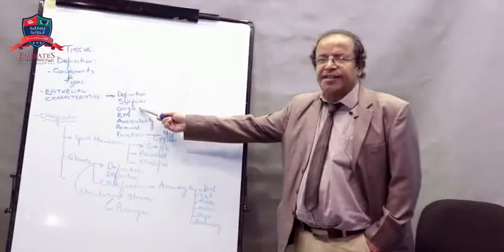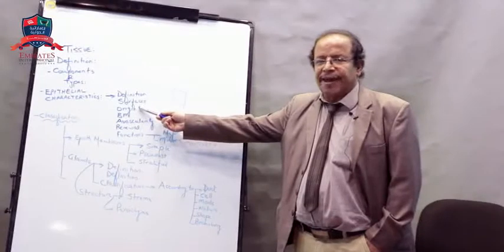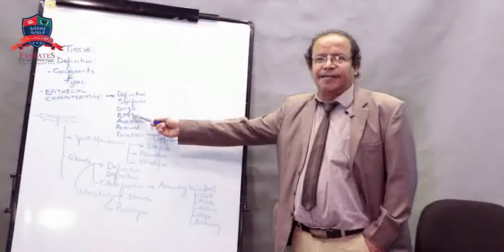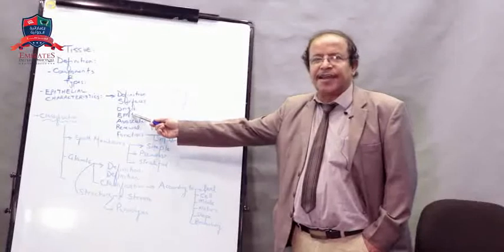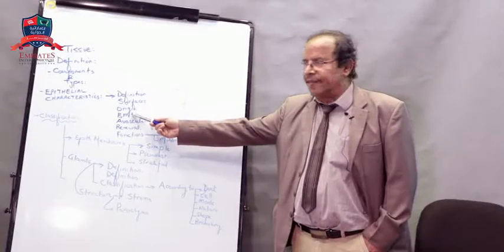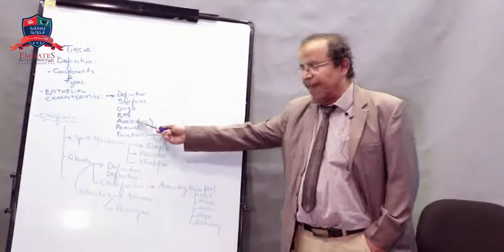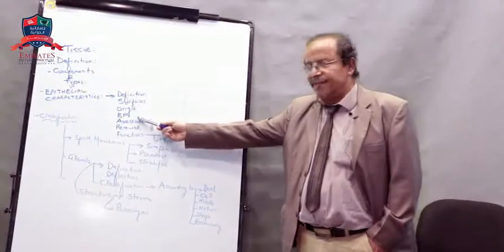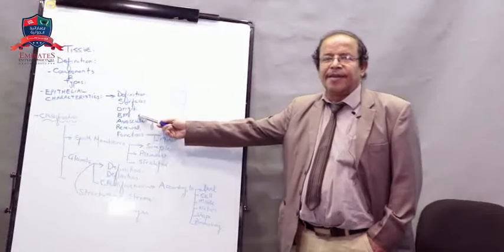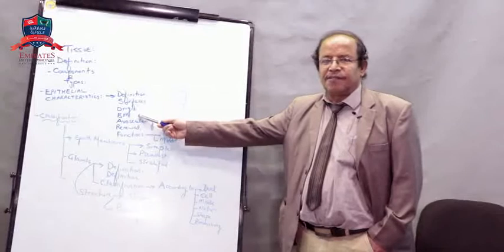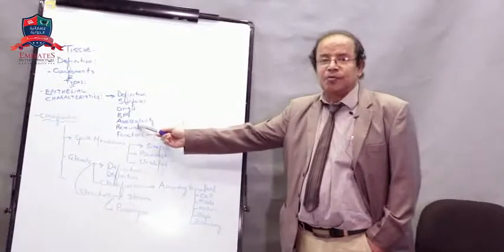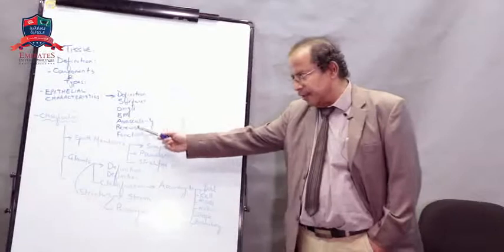The origin is ectoderm, mesoderm, and endoderm. They have the underlying basement membrane between them and the connective tissue. They are avascular, that means they don't have blood vessels, and they obtain their nutrition from the connective tissue. And they are in constant renewal.